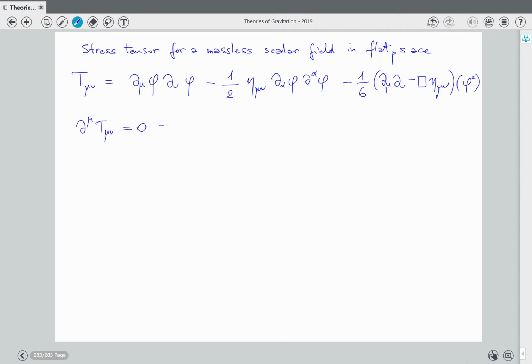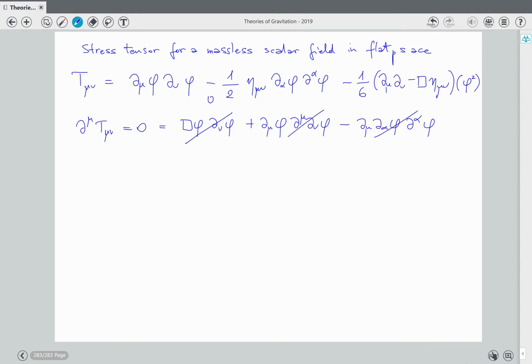So let's check this. If you take partial mu, here you will have box phi partial nu phi on shell. That's 0, because box phi is 0 on shell, in flat space. Then you have another term, which is partial mu partial nu phi, and you differentiate the second part. Now we have to differentiate this, which gives minus twice partial mu partial alpha phi partial alpha phi, and you see that these two cancel.